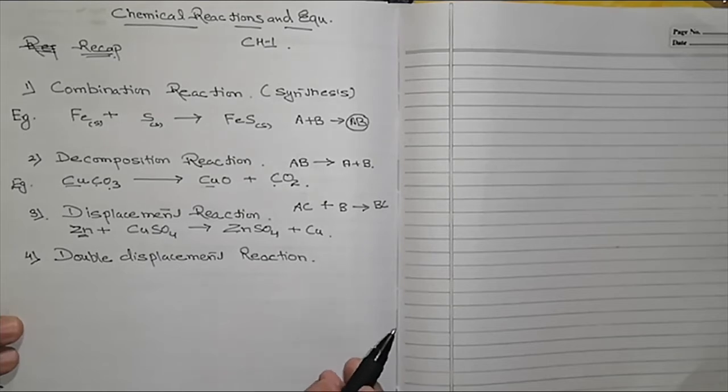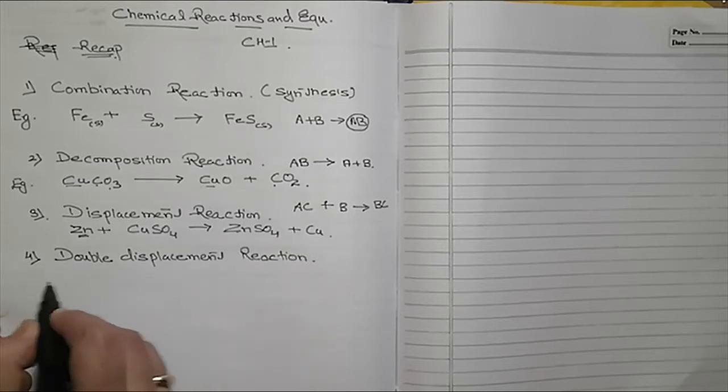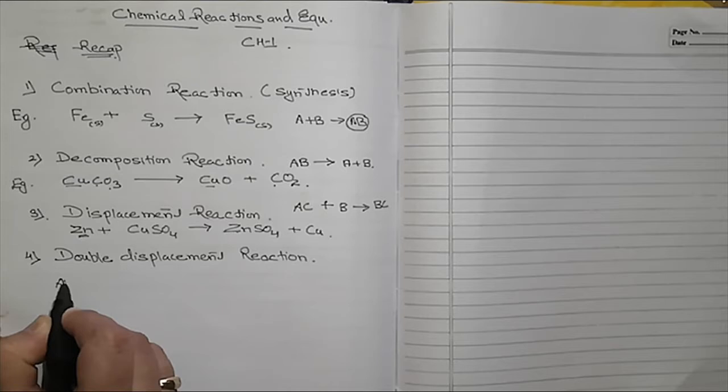Now coming to the double displacement reaction. The double displacement reaction is a reaction in which the two reactants decompose to give new compounds by exchanging their radicals, right? So what can be the two reactants? Let me write the generalized equation.